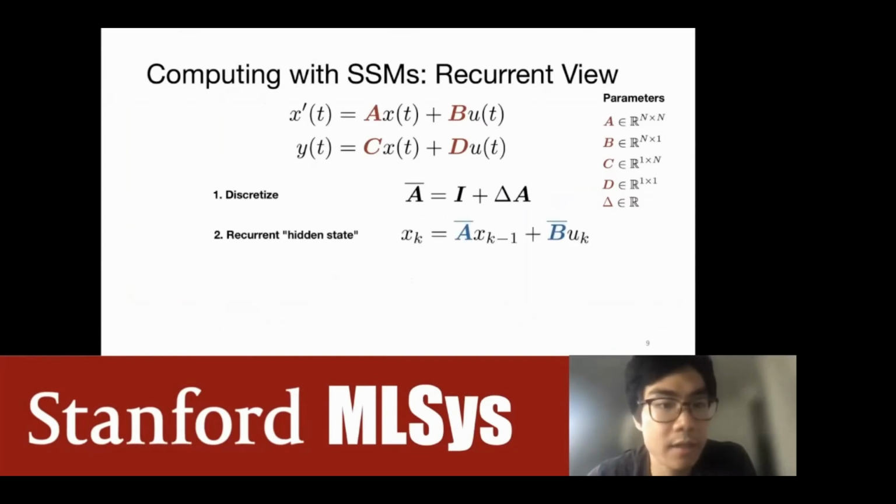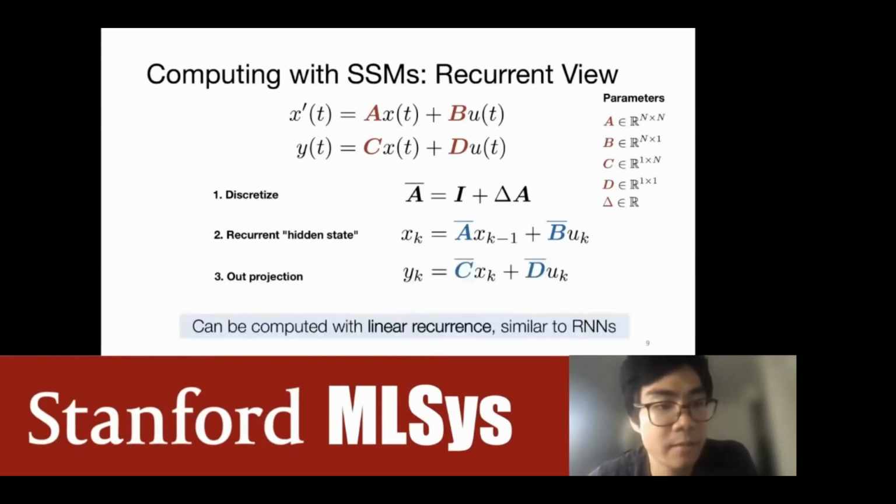And then given these discrete parameters A bar, B bar, C bar, D bar, which I'll be denoting with blue in general, your continuous time model gets transformed from a differential equation into a recurrence. So now here we still have an input u. The input is still u and the state is still x, but instead of a differential equation, it follows a very simple linear recurrence that defines this hidden state.